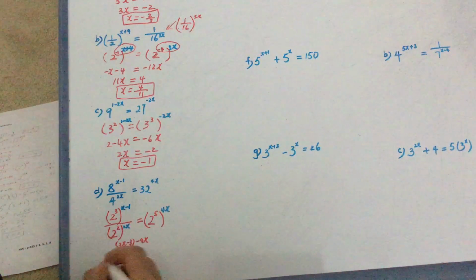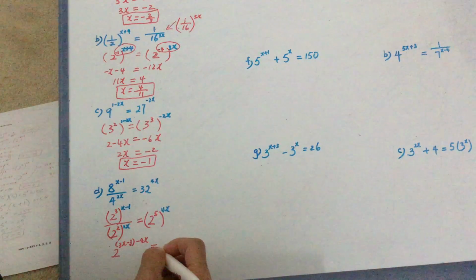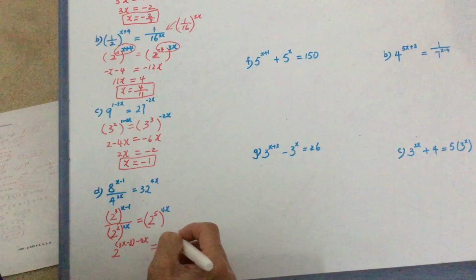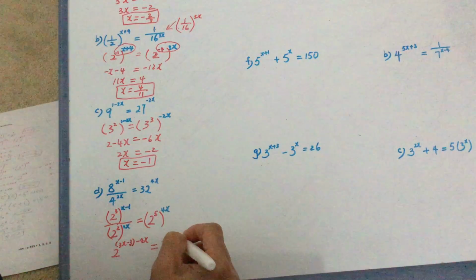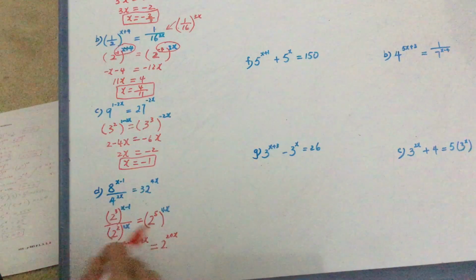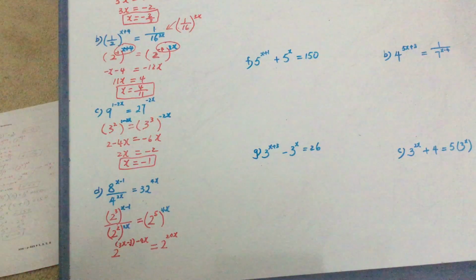So I don't have to write this as a fraction anymore. Equal to, this is going to be 2 to the exponent of 20x. Okay, so this will be part D, and now I can solve for the exponents.